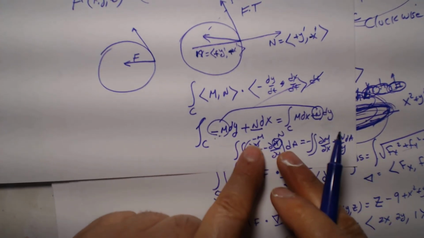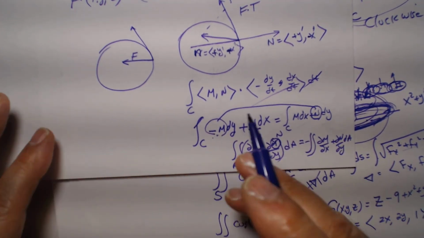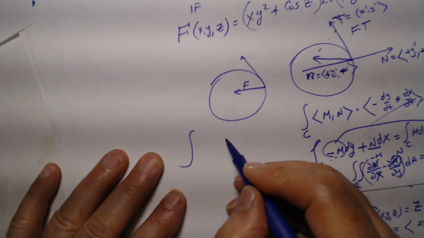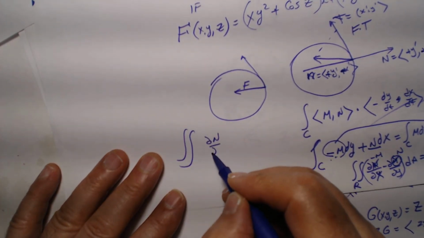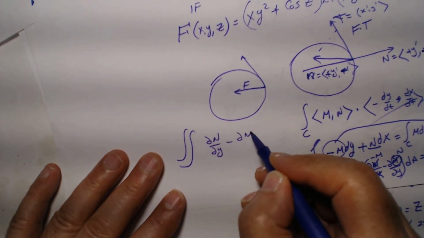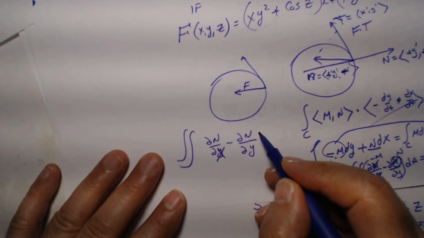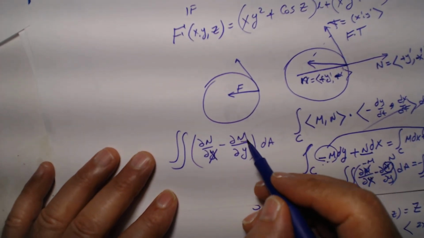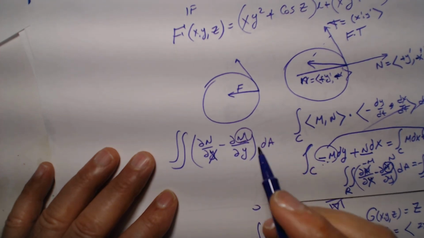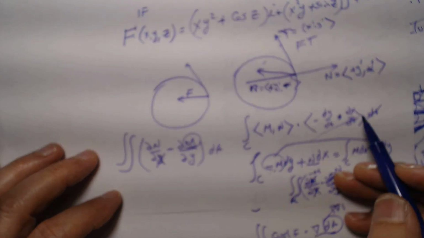Let me see, I got a negative right here, because I want my negative M, partial derivative of N with respect to y minus the partial derivative of N with respect to x, dA. I want this to become a negative N, and negative times negative makes a positive. Okay, let me see what I have.